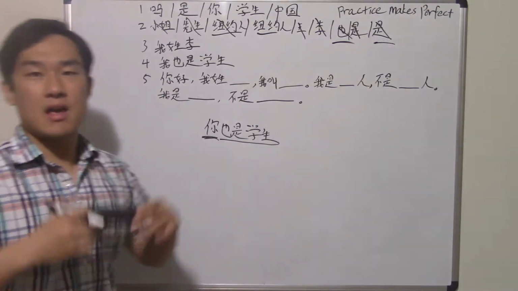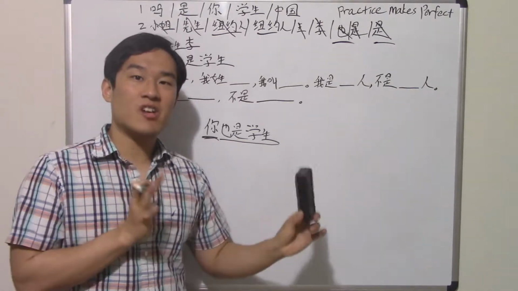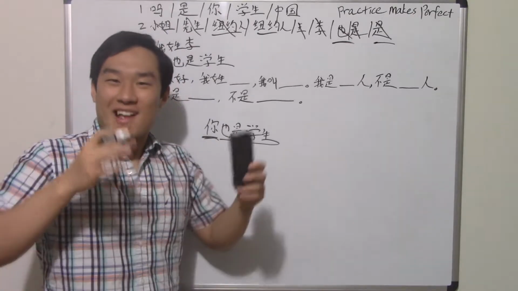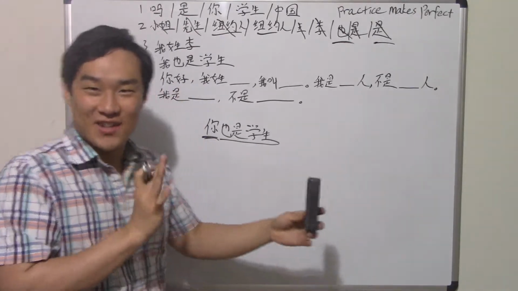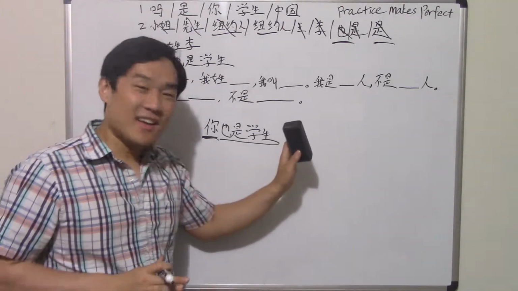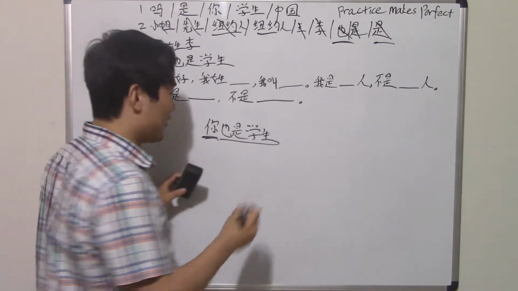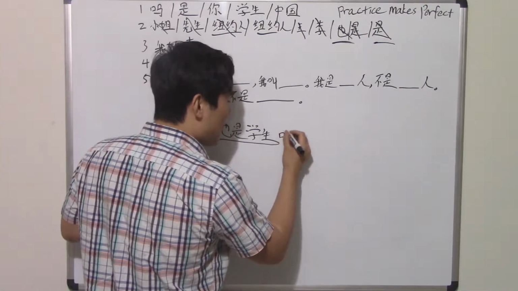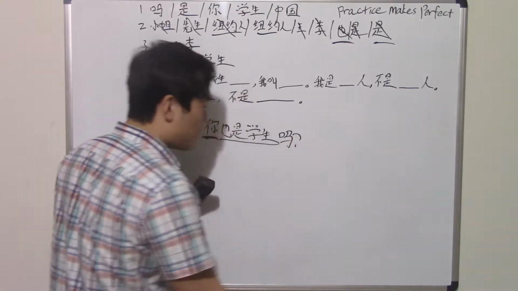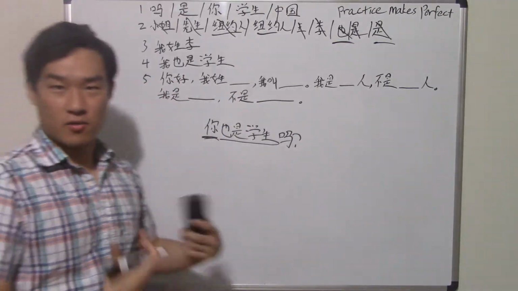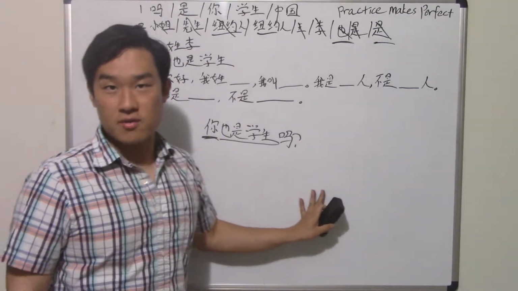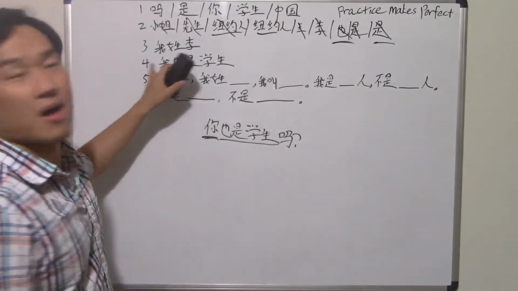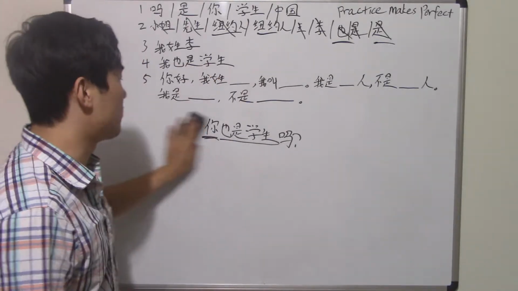That is a complete declarative statement. And then to make a question, all you have to do is just put the ma here. There you go. Then that is a question. So, are you also a student? You're like, yeah, I'm also a student. So that's how you write that.